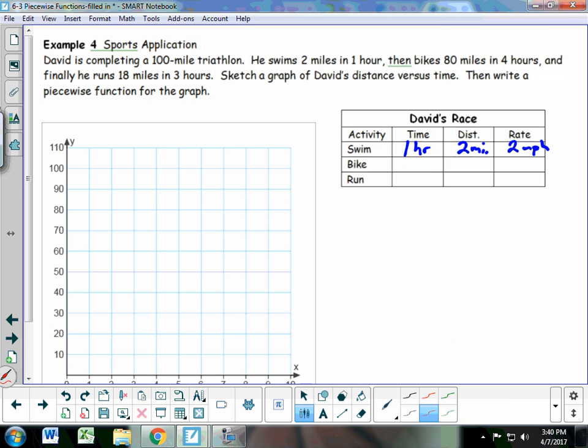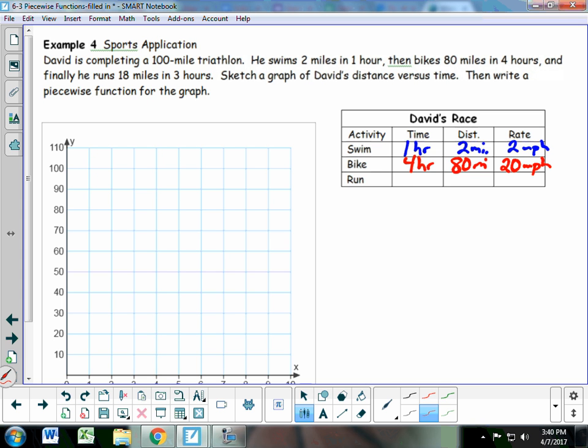After a second look at this, I think I'm over-complicating this one. So the bike is just 4 hours here. The distance is 80 miles, and the rate for just the bike ride is going to be miles per hour, so 80 divided by 4, which is 20 miles per hour.